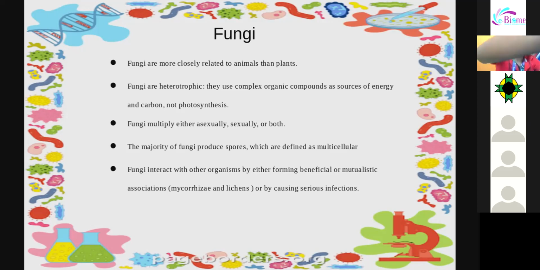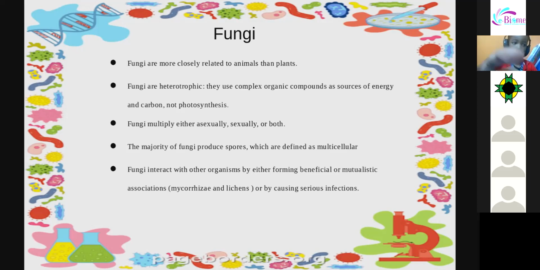I will say fungi multiply asexually, sexually, or both. I'm not sure if I should be explaining this concept to you at this point. Asexual means they don't need two parents, they only need one parent, so that one parent can reproduce by themselves.